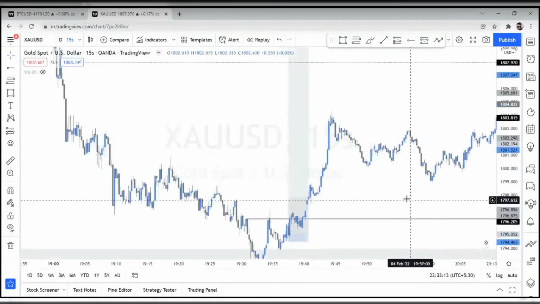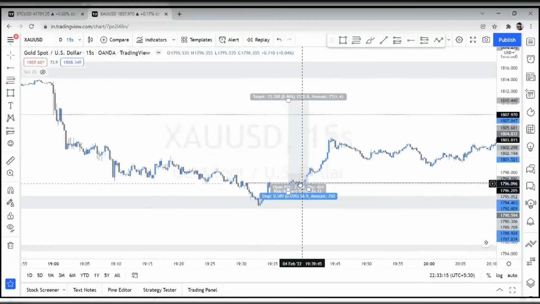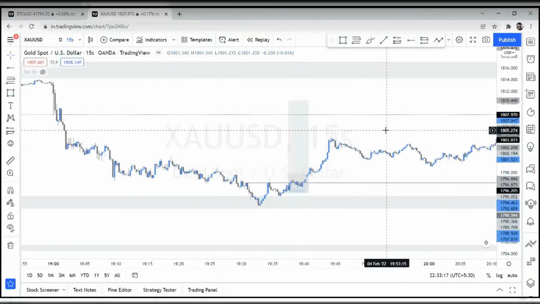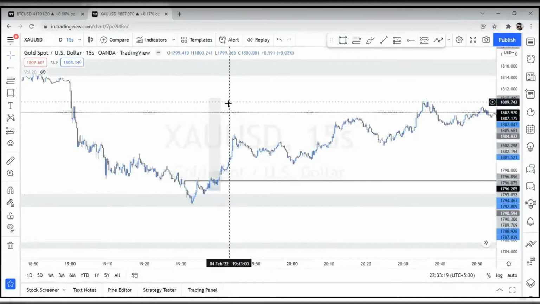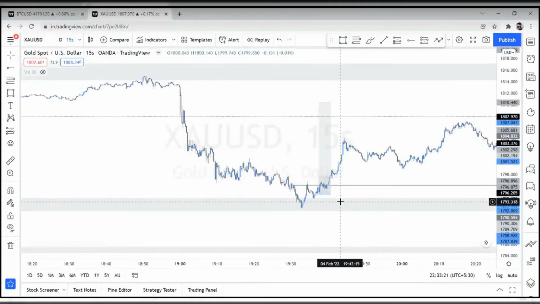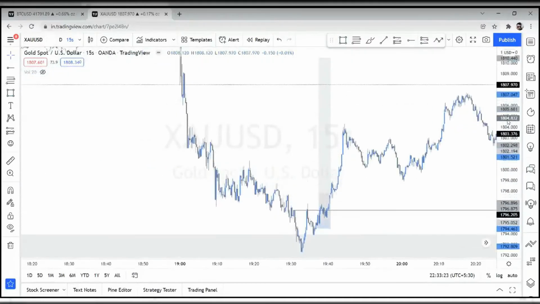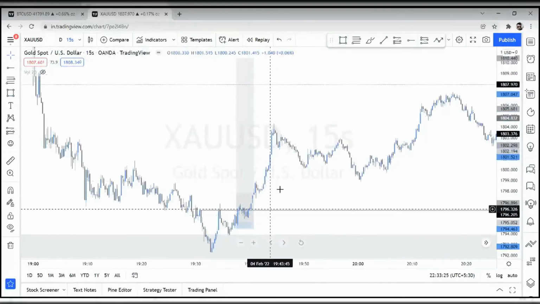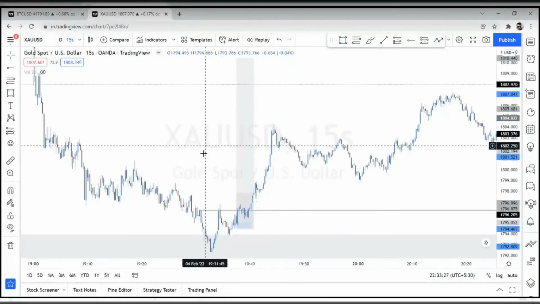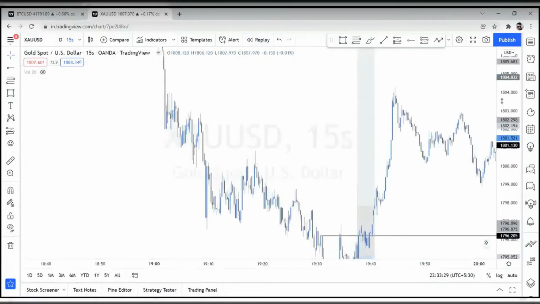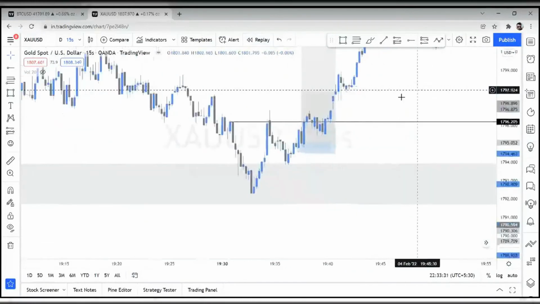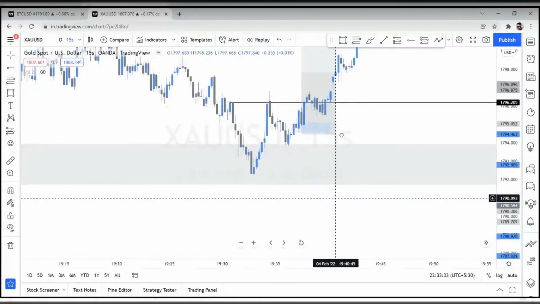But see, my buy here, it met here. And what was this? This is a 26 RR trade. So this is how you can involve yourself for a trade from a lower time frame. We do not need to put stop losses below here or somewhere here. No. Why?